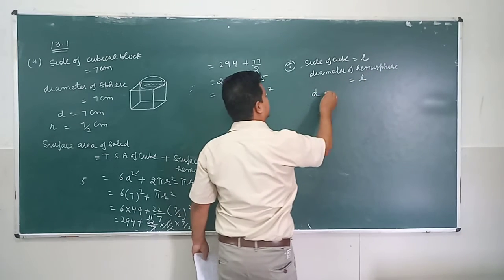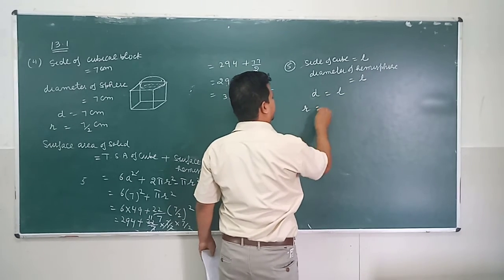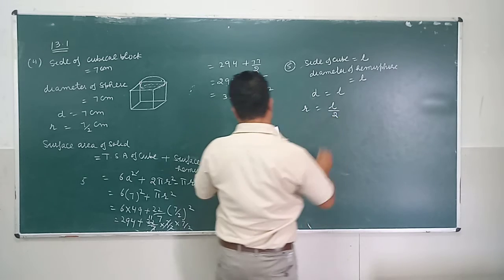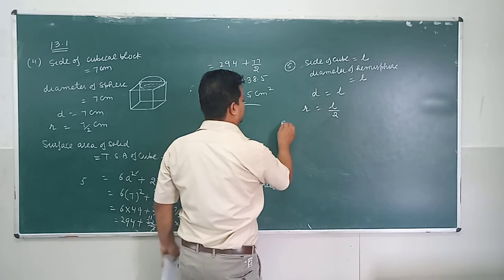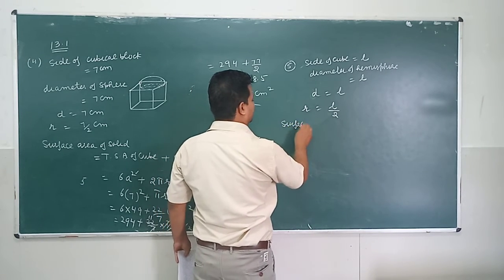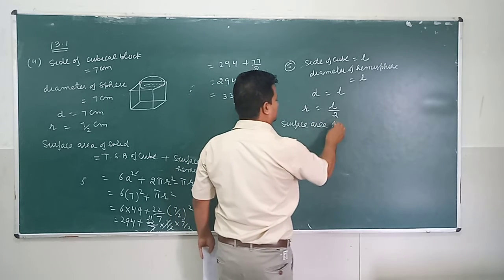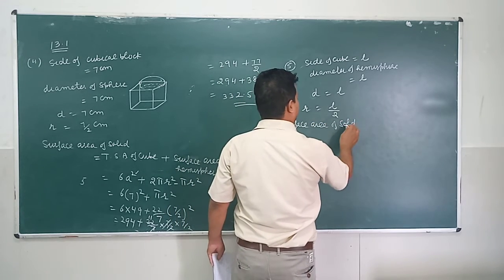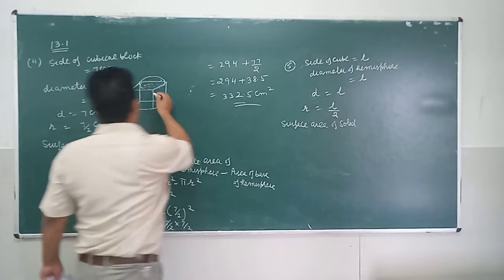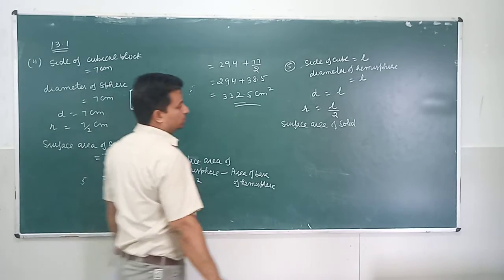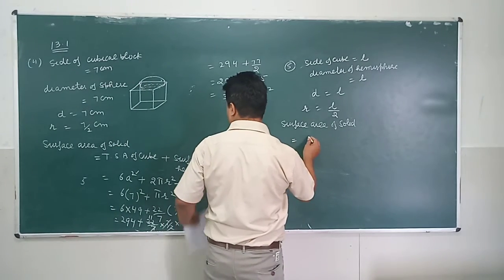So D is l, radius is l upon 2. We are required to find the surface area of the solid. In this diagram we draw the hemisphere here.